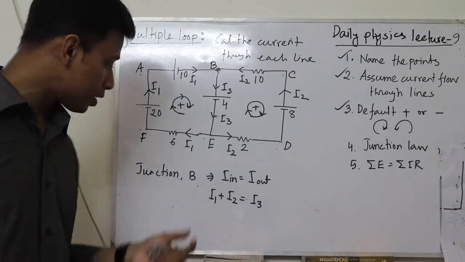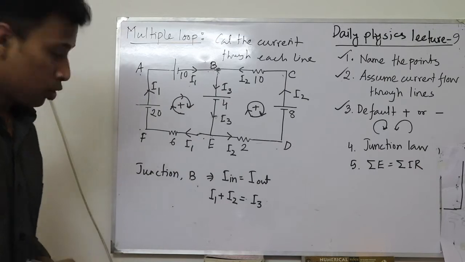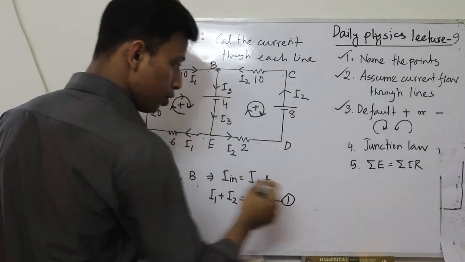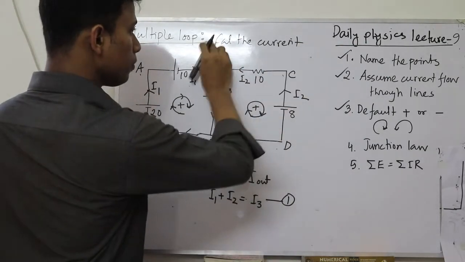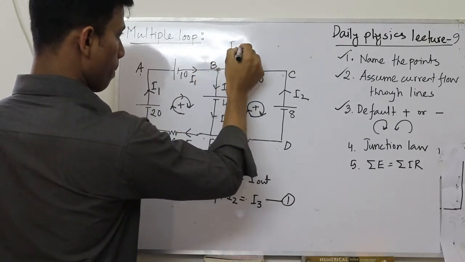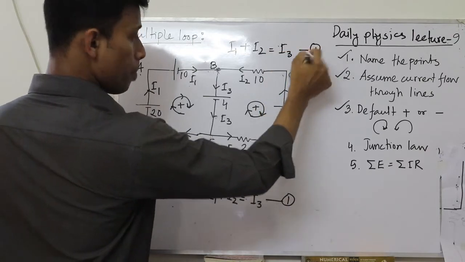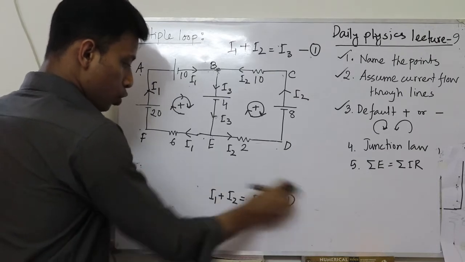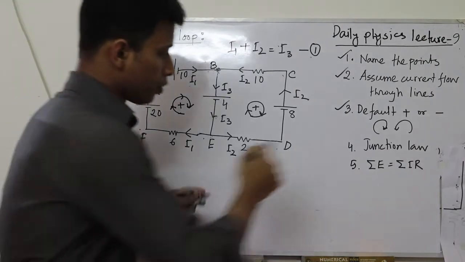If we can get I1 and I2, we can easily get I3. That's equation number 1. Let's write it somewhere here. That's equation 1. We are done with step 4.